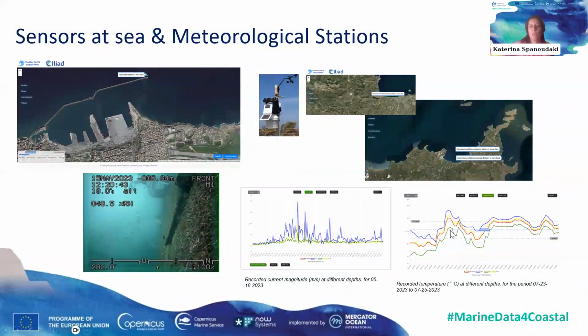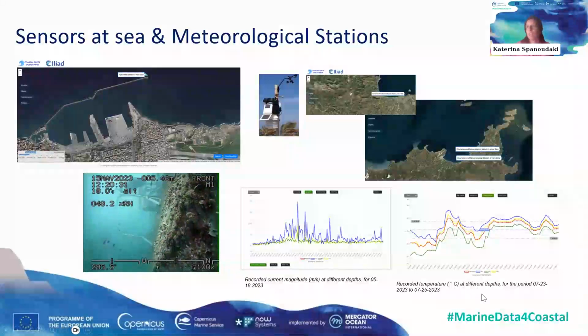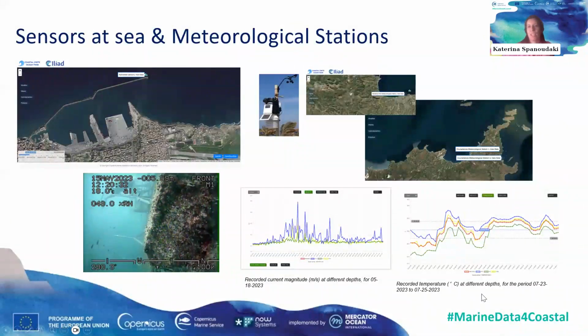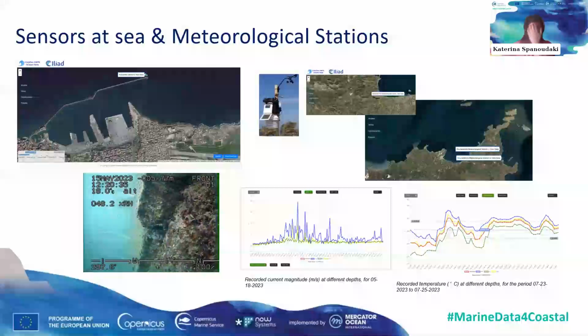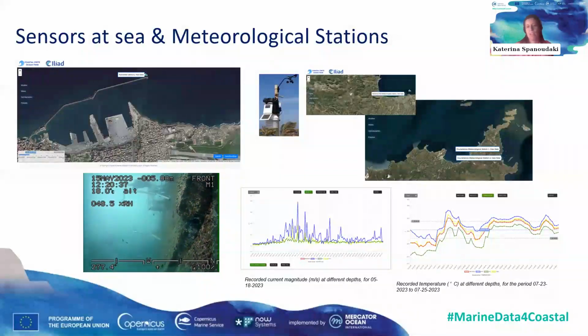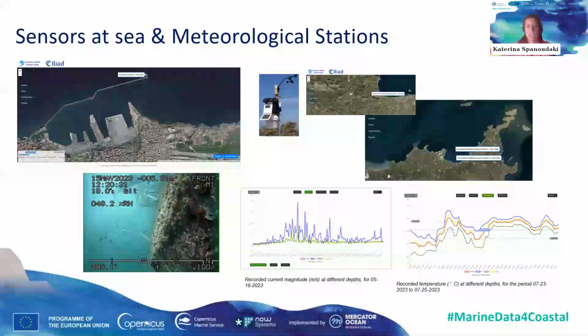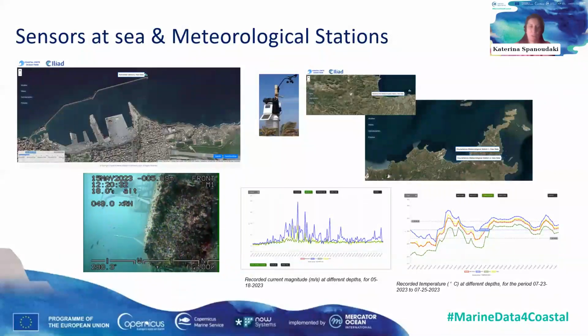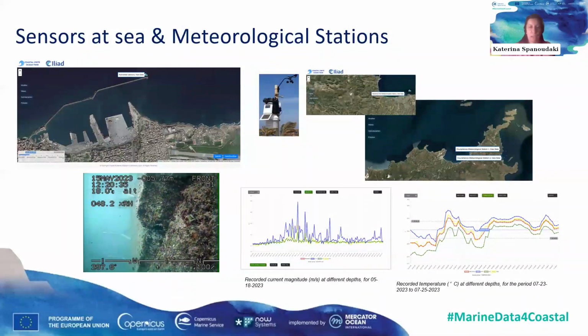This way, we're able to monitor one of the heat waves of the summer of 2023. It was one of the largest heat wave records in the Mediterranean Sea, where for our area we reported surface temperatures higher than 30 degrees, which was the highest ever recorded in history for our area.